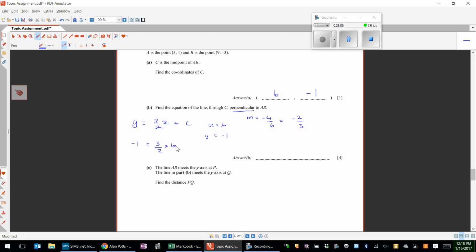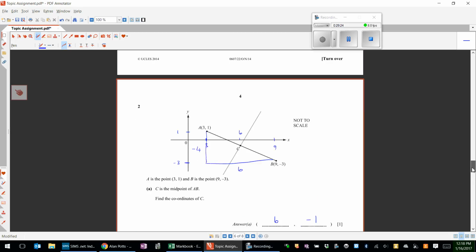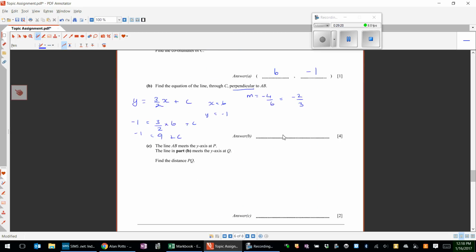That would be 9. 3/2 times 6, you happy with that? I did the divide by 2 first, so 6 divided by 2 is 3, 3 times 3 is 9. Plus c, so actually c is going to be a negative value, which makes sense if my line's going to come all the way down here. So c will be -10, and the line is y = 3/2 x - 10. How do I get from 9 to -1? I have to subtract 10.